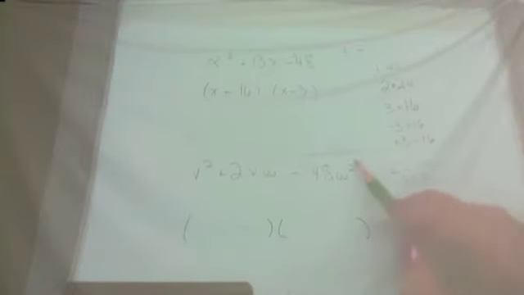Well, we listed our factors here. 1 times 48, 2 times 24, 3 times 16, none of those work. 4 times 12, that's not going to work. 5 doesn't work. 6 times 8, and the difference is 2. So I know there's a v here and a w, a v and a w.